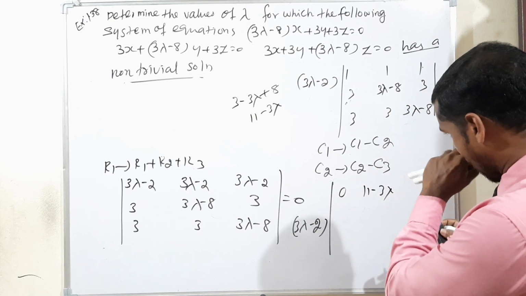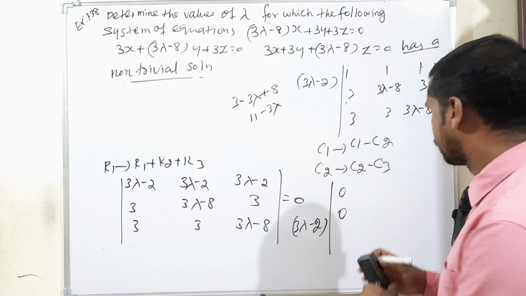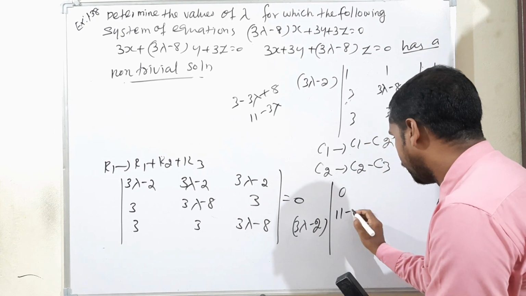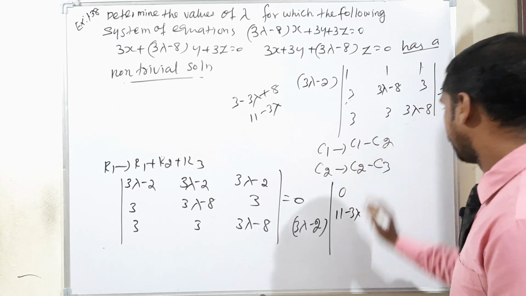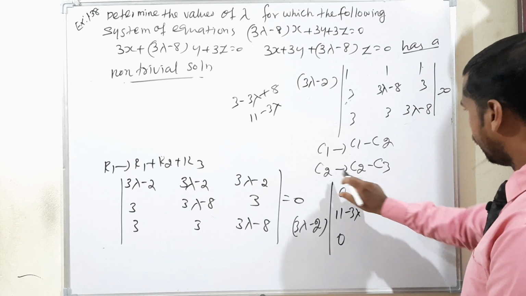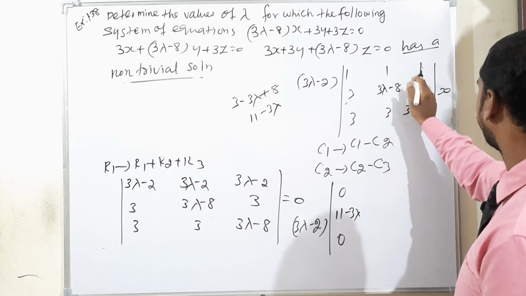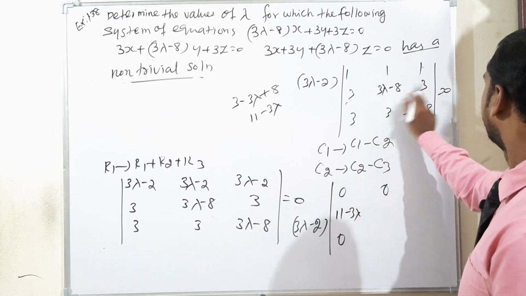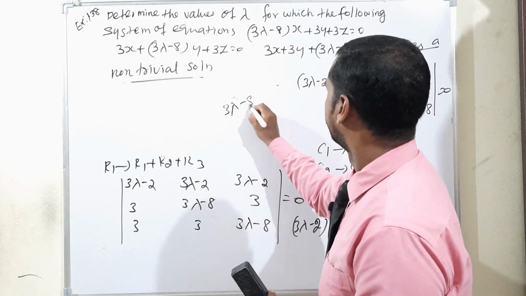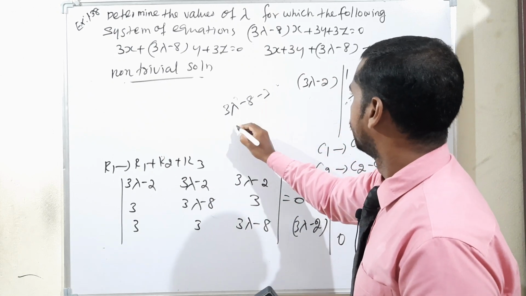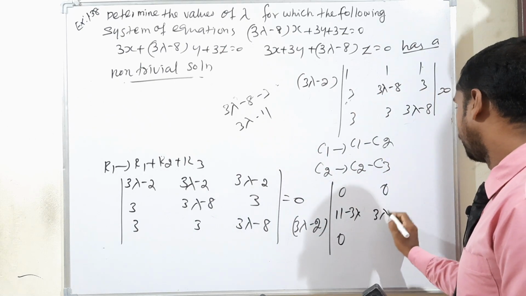Then C1 minus C2, 3 minus 3 is 0. For C2 minus C3, 1 minus 1 is 0. Here 3 lambda minus 8 minus 3 gives 3 lambda minus 11.